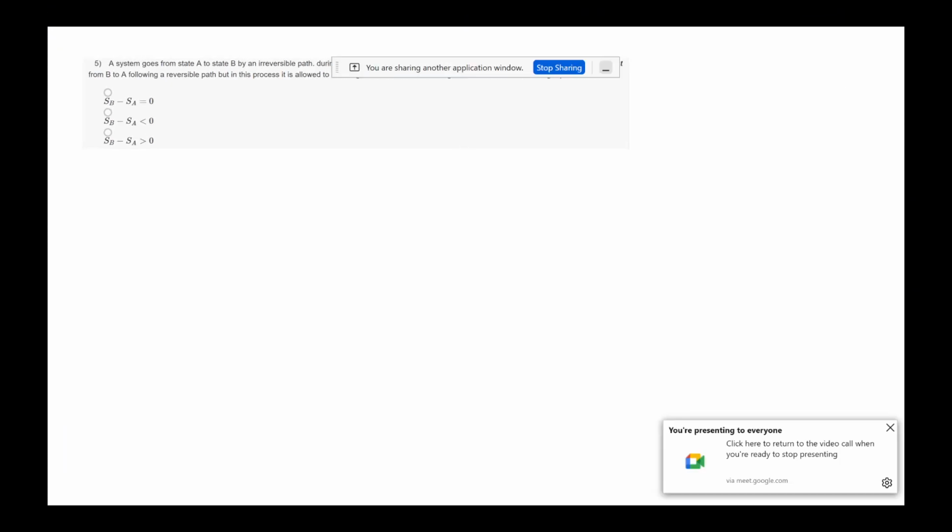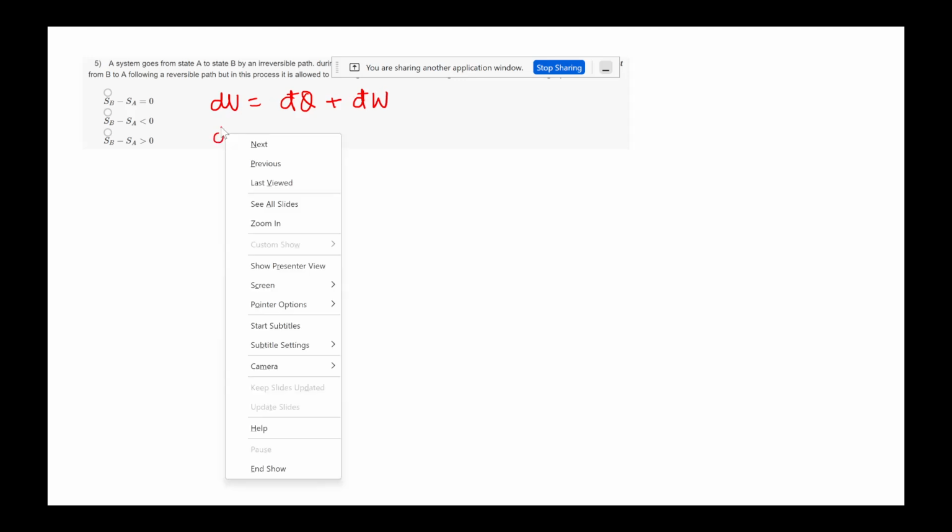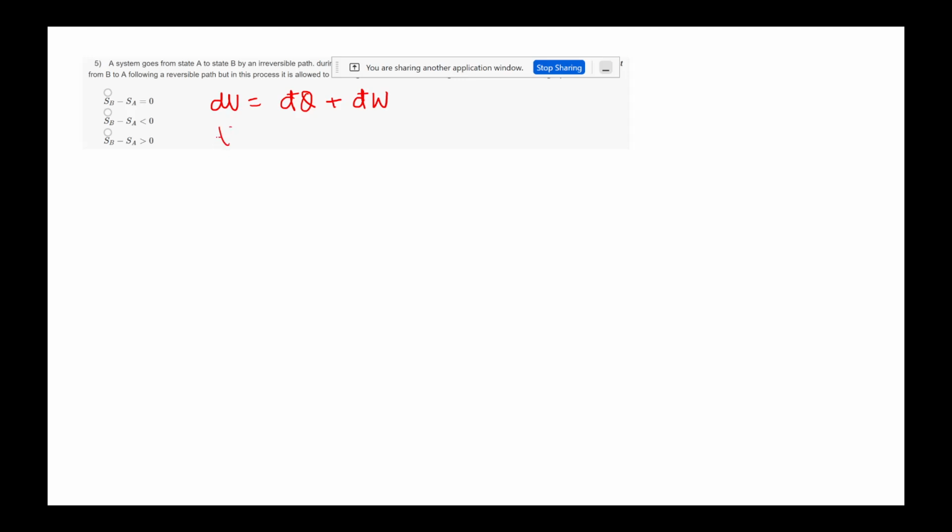So to do this, for an irreversible process, this equation, this first law of thermodynamics, is always true, right? It is always true. For a reversible process, we can write dU reversible is dQ reversible plus dW.